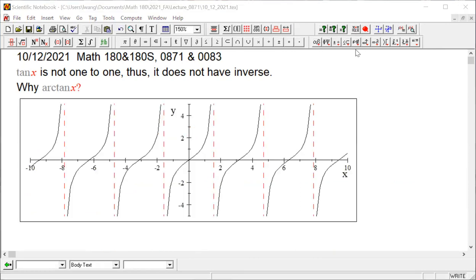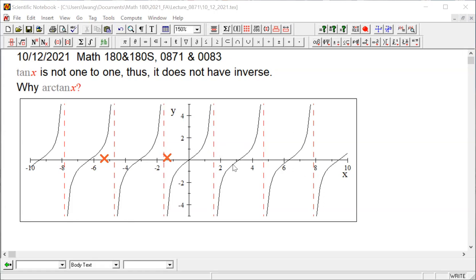So how do we introduce arctangent? How do we make tangent one-to-one? In fact, we can choose any piece. I can choose this piece and truncate the rest of it from here. Chop, chop, chop.